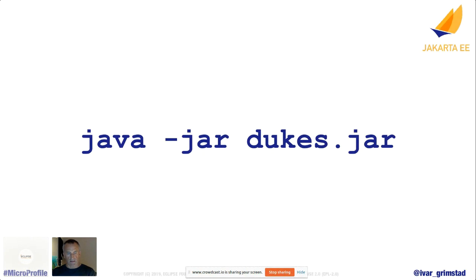Today there are several options to package or build your Docker images in an efficient way based on how the jar files are packaged. Either they're using the hollow jar approach, the thin jar approach, or just a fat jar approach, and you have some tooling like Jib that unwraps it and builds your Docker images in an efficient way. All the samples I'll be running today are just from the command line using java -jar.